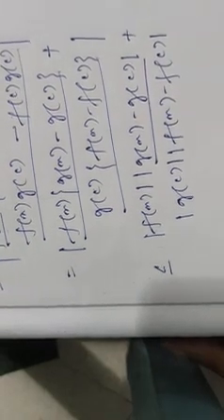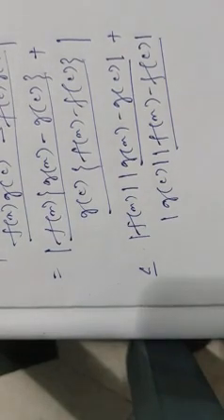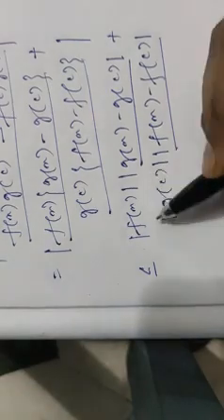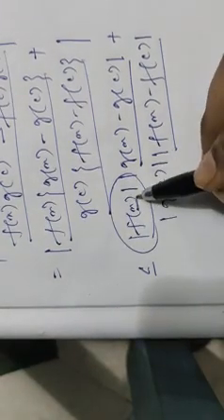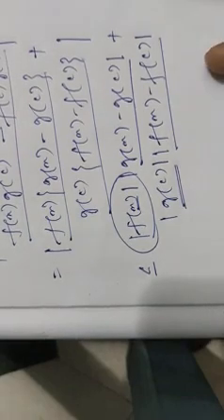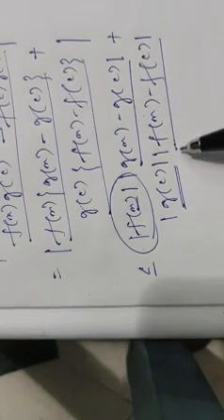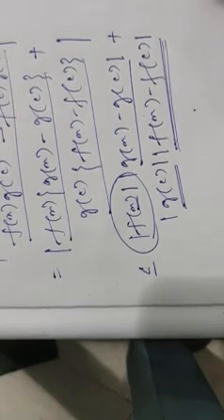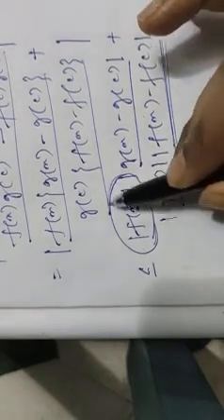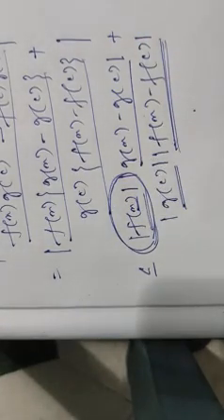This is obviously less than epsilon by 2 and this is also less than epsilon by 2 because f and g both are continuous at c. So the problematic part is this part, because this contains the variable x. This won't create any problem. This is g(c), a constant thing. So we can easily write epsilon by 2 into g(c) for this part, then g(c) will be cancelled out. But for this part f(x), it contains a variable. So we have to do something for that.